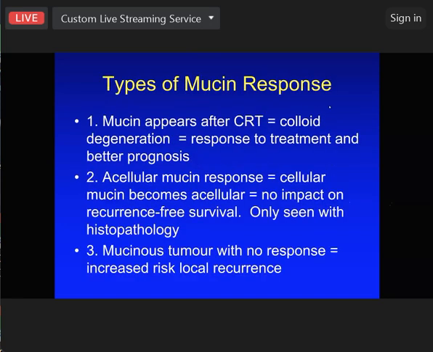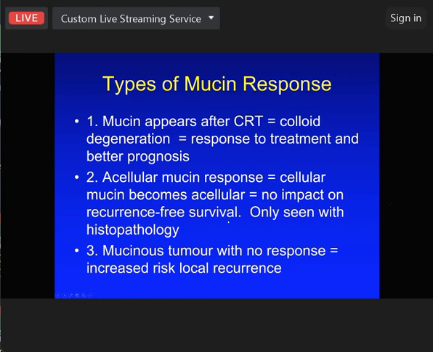So we'll now quickly talk about the mucinous responses. If mucin appears after chemorad, it's due to colloid degeneration and it's a response to treatment and it's a better prognosis. In tumors that are already mucinous pre-chemorad, they may change histologically to become acellular.